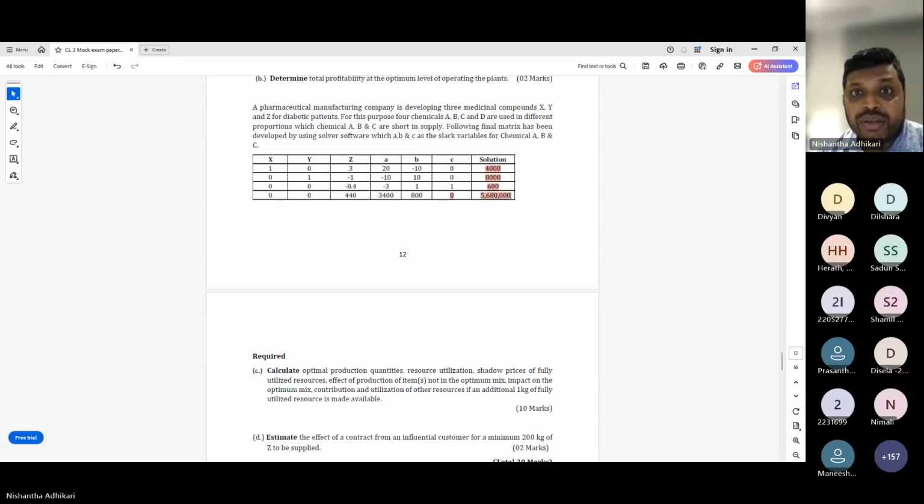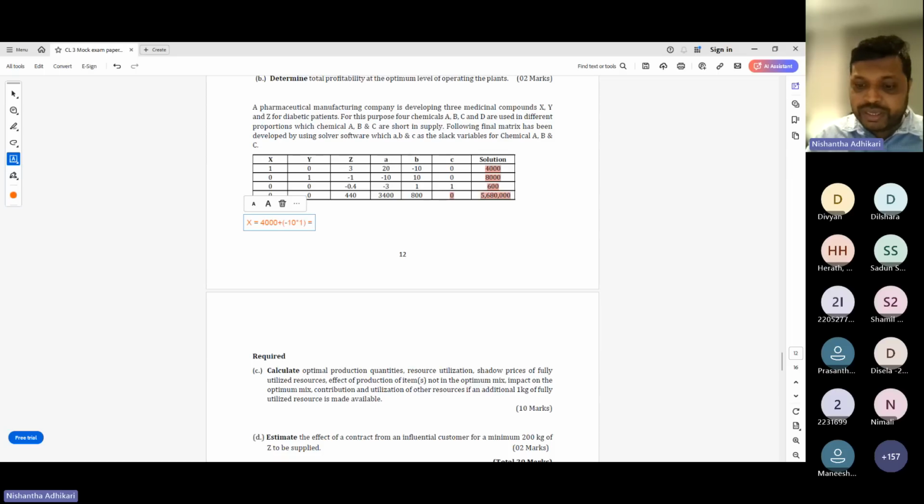Here we are working out the optimal product mix. Product X is currently 4,000. If you receive one additional binding resource, here it is minus 10 into 1.